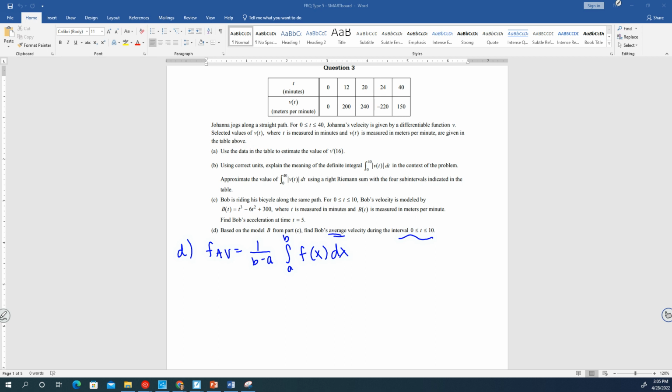So for Bob's average velocity, we're going to do 1 over 10 minus 0, from 0 to 10, Bob's function. Now, since I don't have a calculator, I'm going to have to do this by hand.